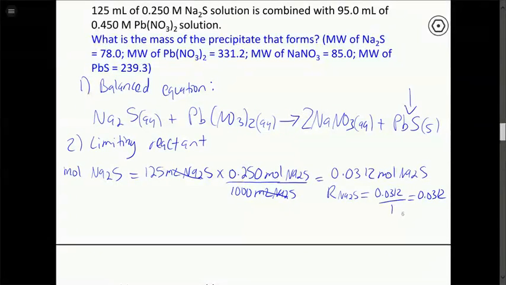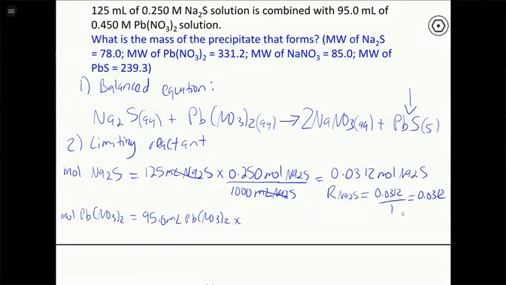All right, so that's the stoichiometric ratio for the first reactant. We do the same thing for the lead nitrate. We take its volume, which is 95 milliliters. We use the molarity, which is 0.45 molar.